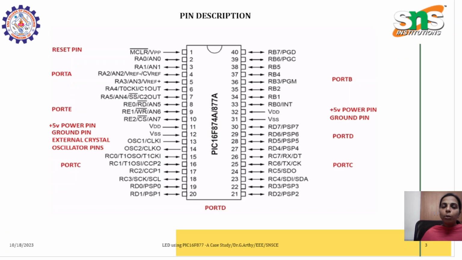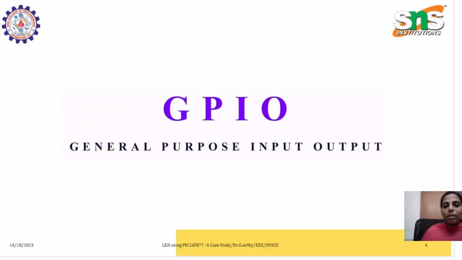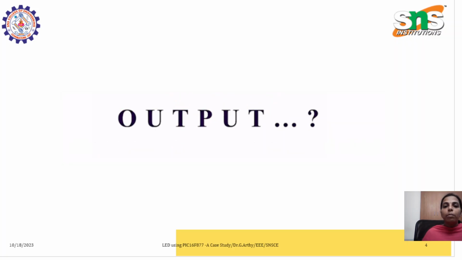If I want to glow an LED, my problem statement here is to glow an LED using the PIC microcontroller 16F877A. So let us have a brief discussion on GPIOs, that is general purpose input output pins of PIC16, and also which are available with the embedded trainer kits of PIC16F877.